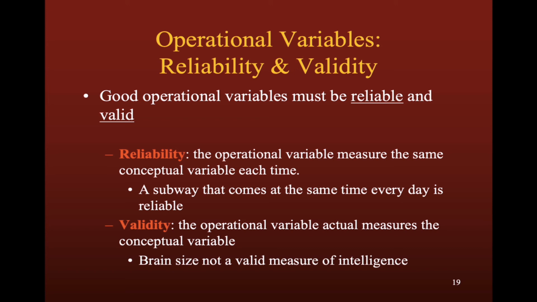That would indicate that most likely that heart rate increase is due to attraction, versus if their heart rate went up and they moved away from that person, right? Because that would indicate most likely that their heart rate is increasing because they are afraid of that individual. So by having more than one way of operationalizing your variable in a study, it can help you distinguish between: is my measure actually measuring the conceptual variable that I care about, or is it measuring some other conceptual variable that I don't care about?